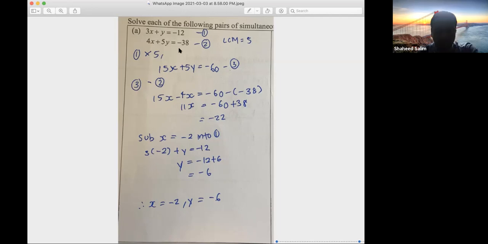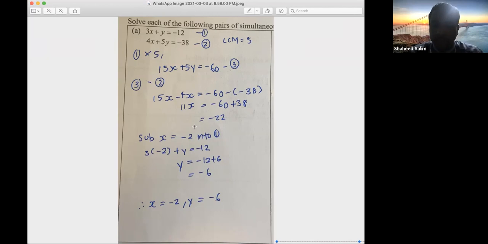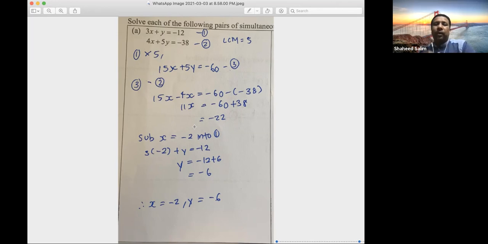So your question again is, you didn't have a specific question, but you're not so sure on what to do. Am I correct? Yeah. Okay, so now you see down here, your teacher is going to use the elimination method.